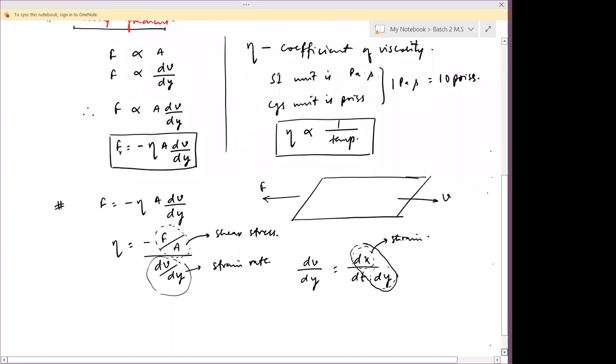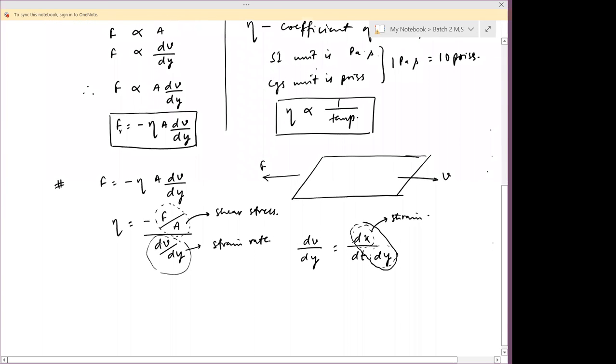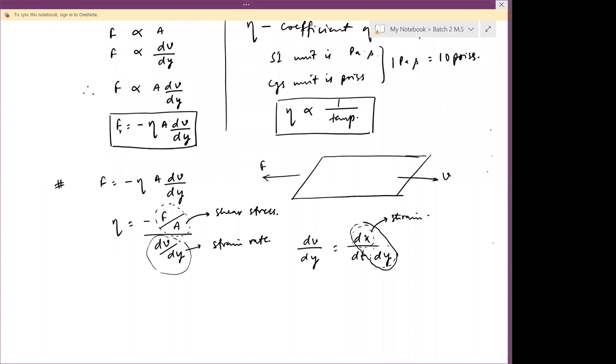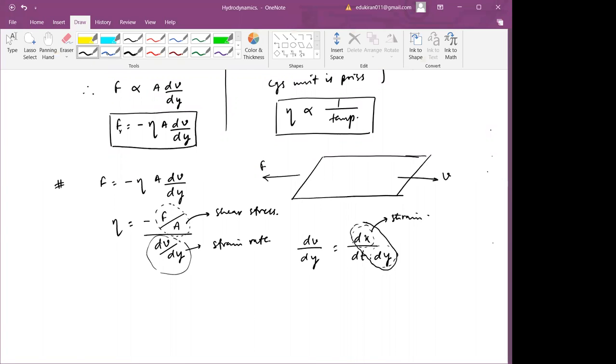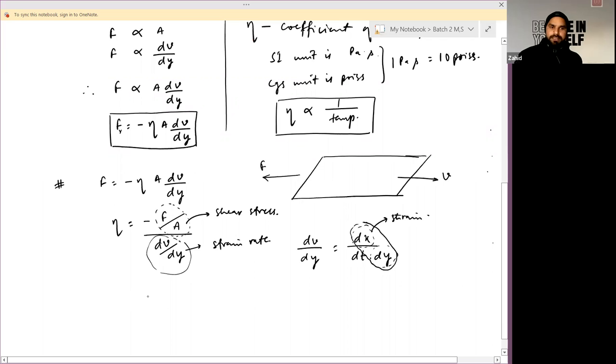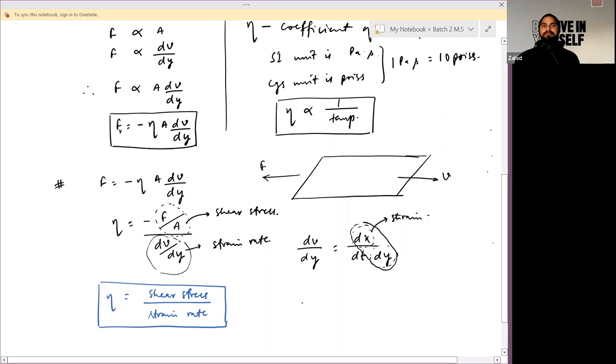So this eta is also equal to the ratio of shear stress to the strain rate. So Myra, any doubt?